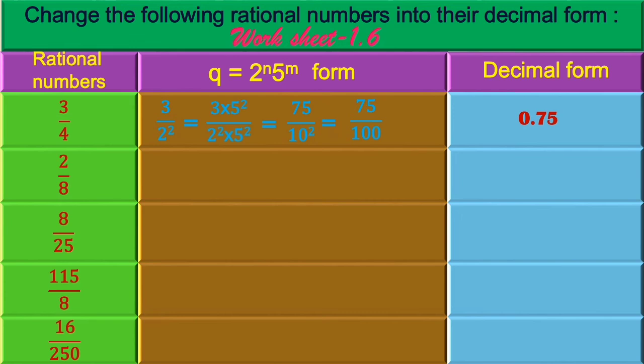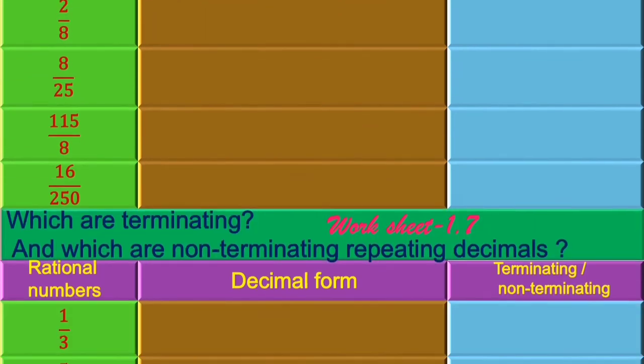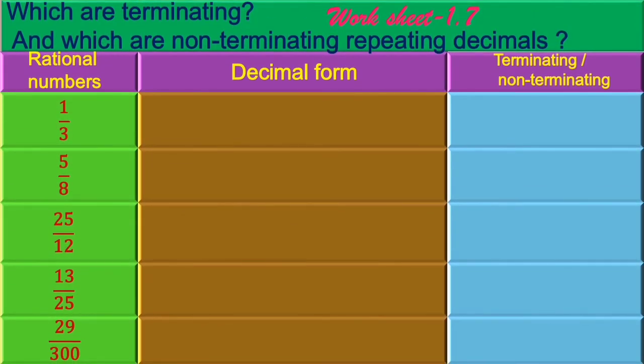Now worksheet 1.7. Which are terminating and which are non-terminating repeating decimals? Here in the first row, the given rational number is 1 by 3. On dividing by the denominator, we get 0.33, but the remainder is not 0, so it will continue.